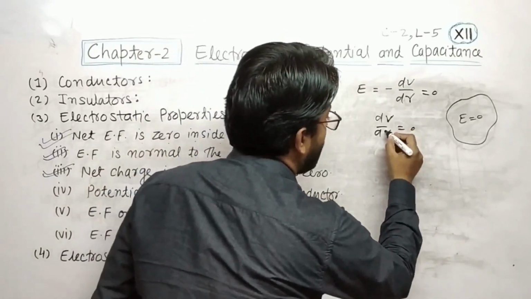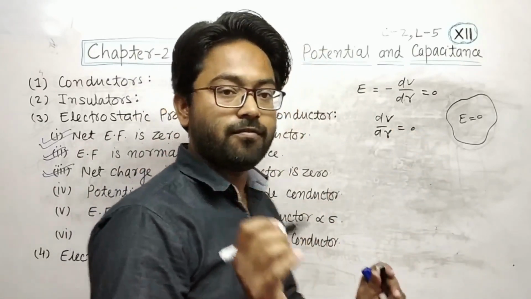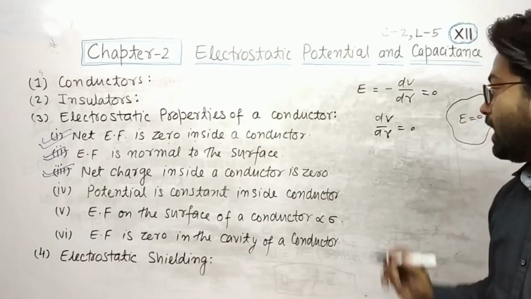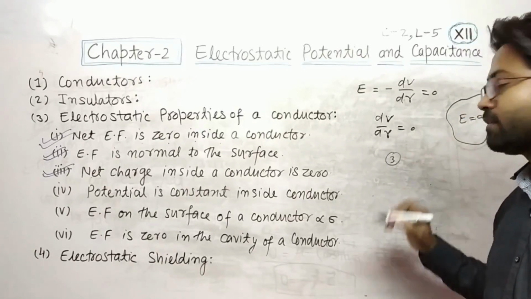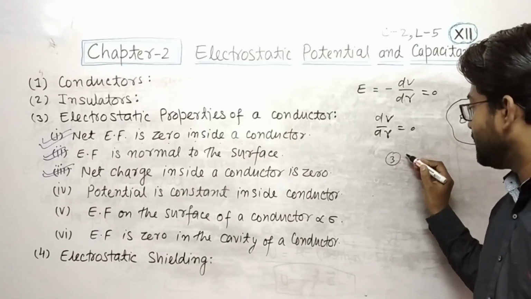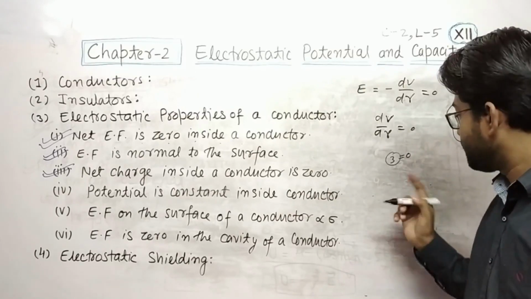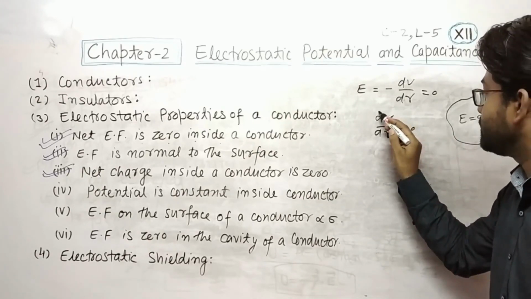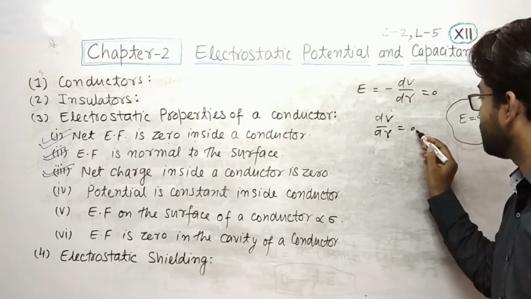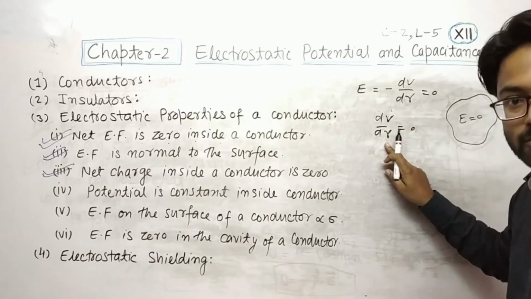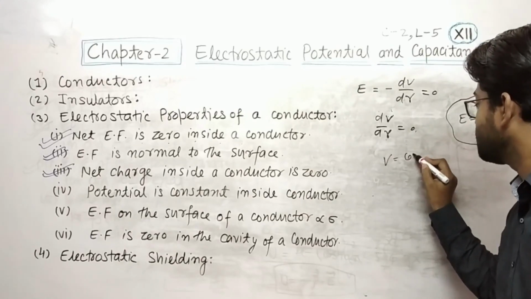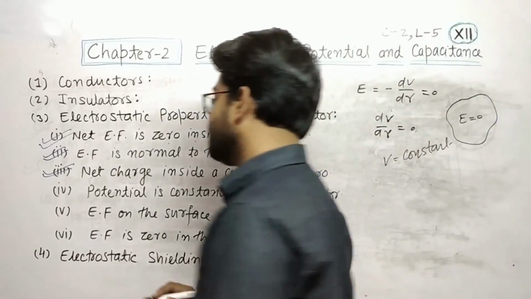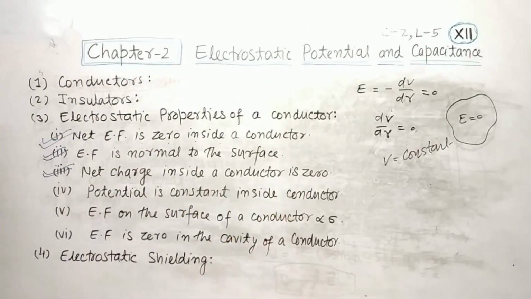If the differentiation of any quantity is 0, that quantity is constant. Like if you differentiate 3 with respect to any variable, the differentiation of a constant is 0. So potential is constant inside the conductor.